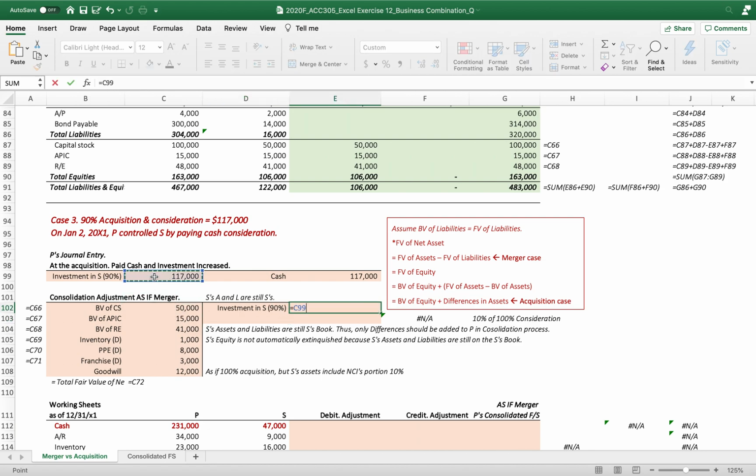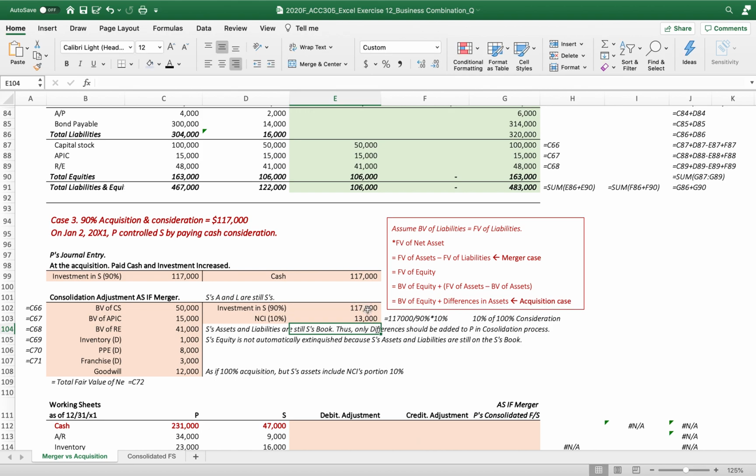So $117,000 removed, and then this NCI, which is 10% of the control, should be calculated how? 117,000 divided by 90%, which is 100% control, times 10% is now 13,000.